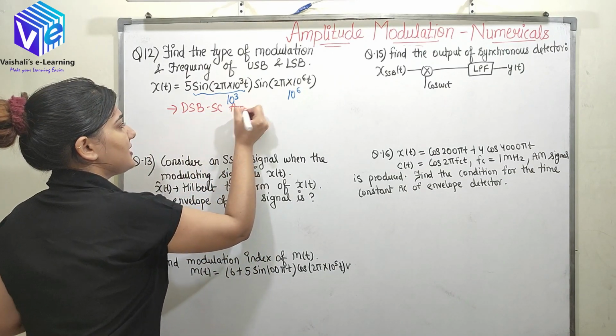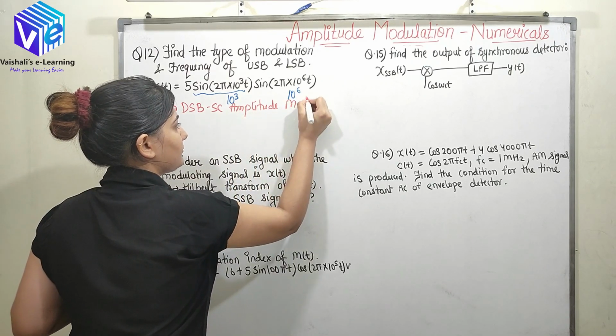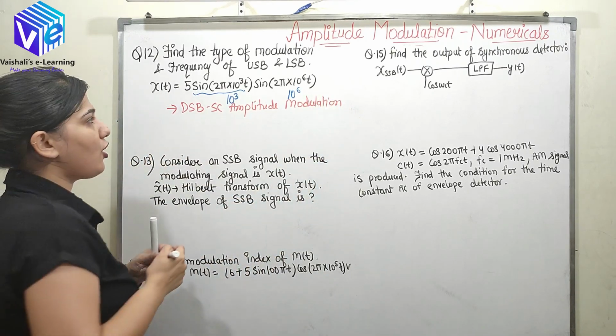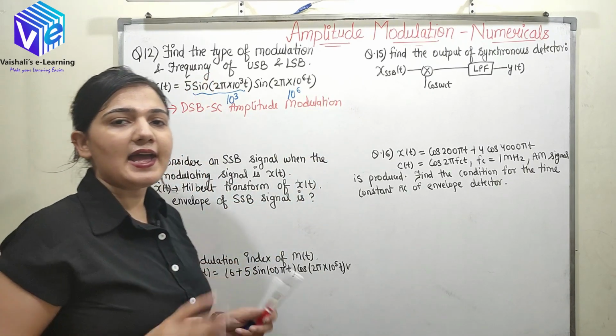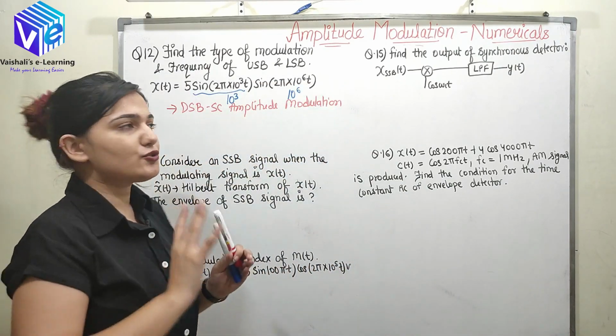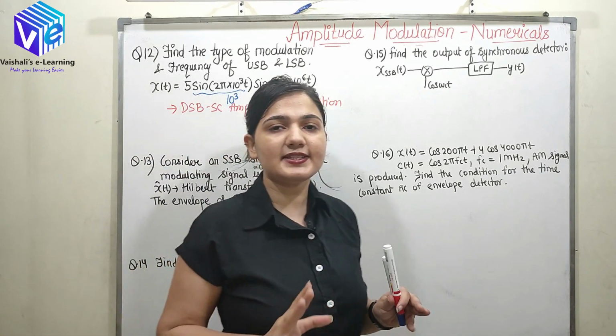So this is DSB-SC amplitude modulation. I hope there is no doubt, because instead of sine I can take cos also. Both are sinusoidal terms. So this signal just represents the double sideband suppressed carrier.